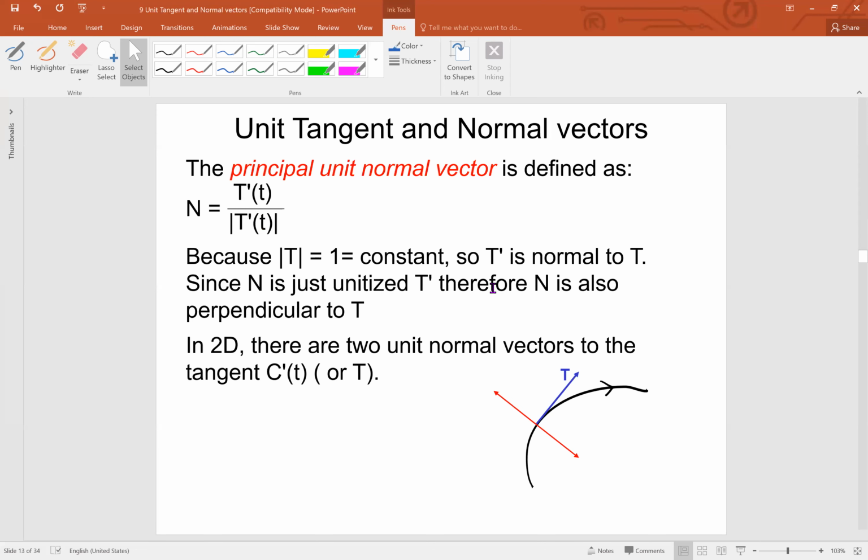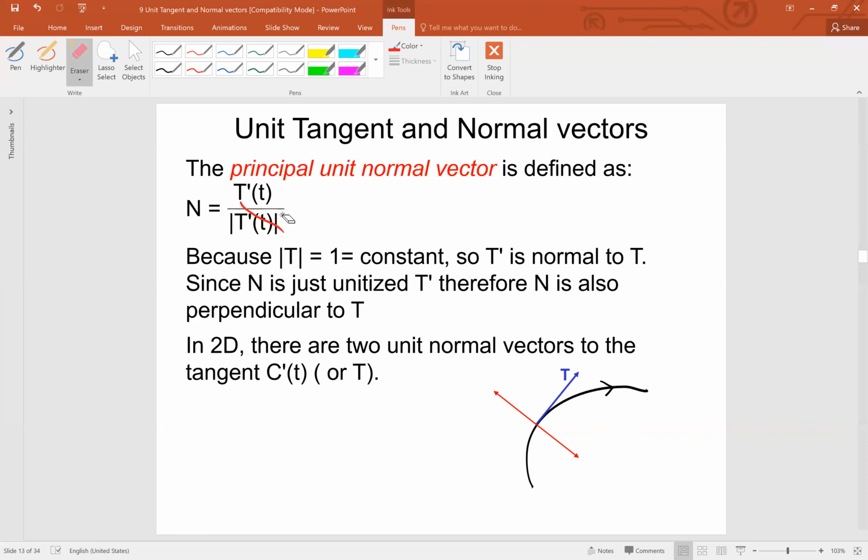N is called the principal normal. If I don't unitize it, I produce a perpendicular vector to the unit tangent or to the tangent, in the same direction.